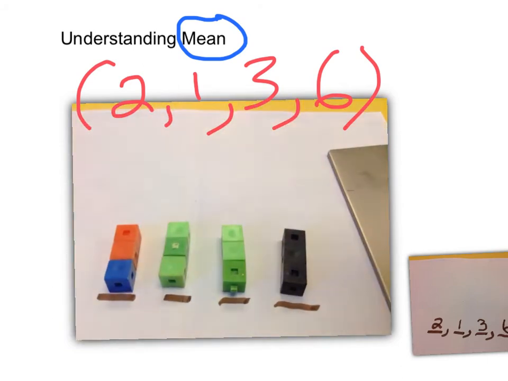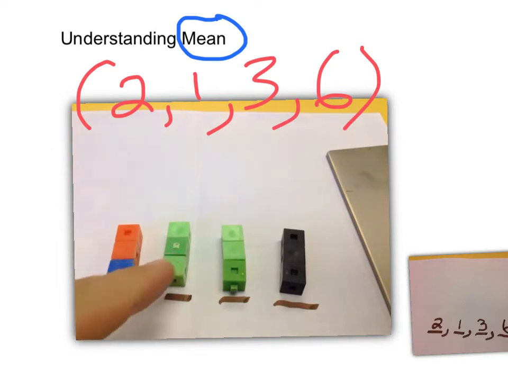So we've totaled them, and then we shared them with the four pieces of data. So now we can have just one number to represent that set of data, and that one number is 3.